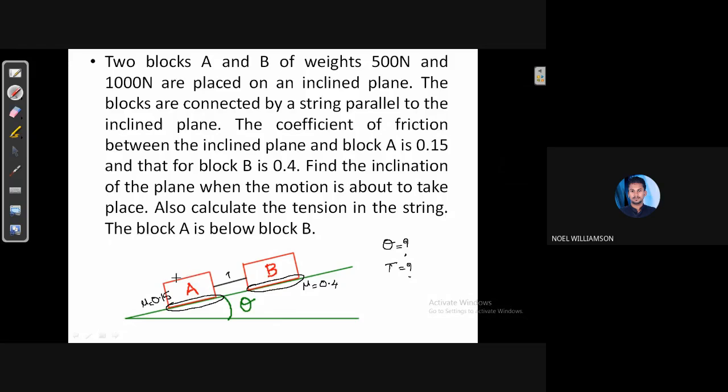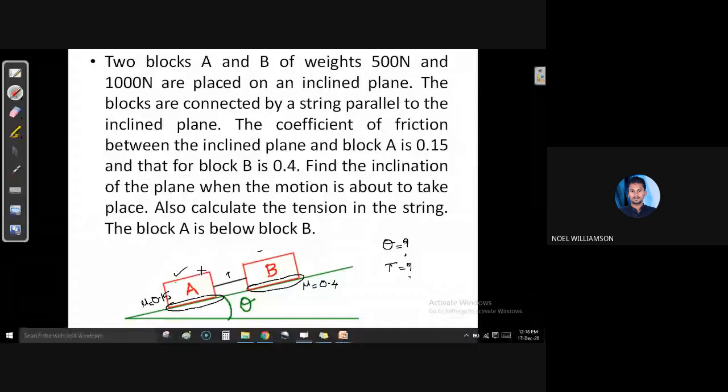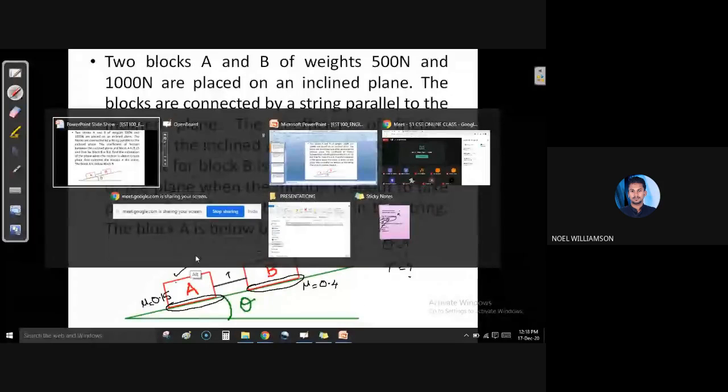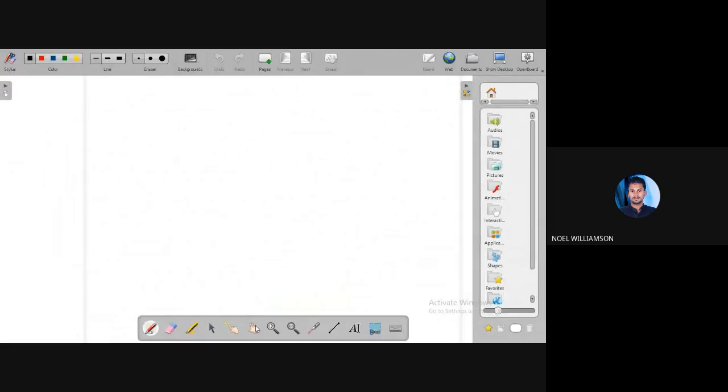First of all, we may consider the free body diagram of A, then B. So we are considering the free body diagram of body A. So A is acting like this.